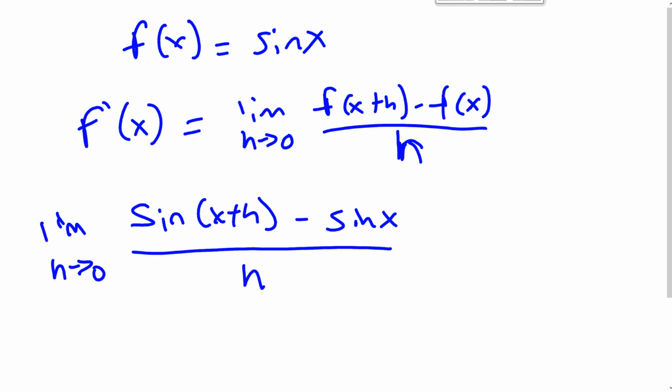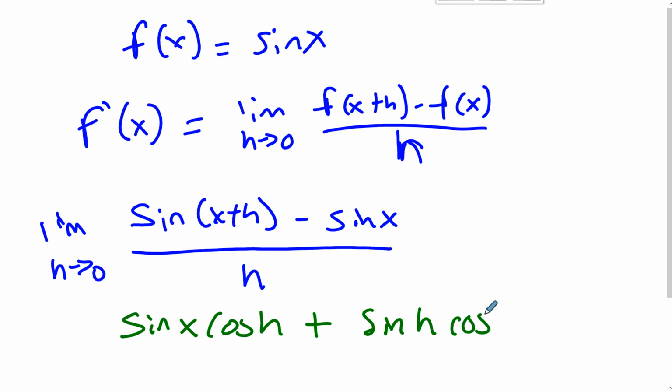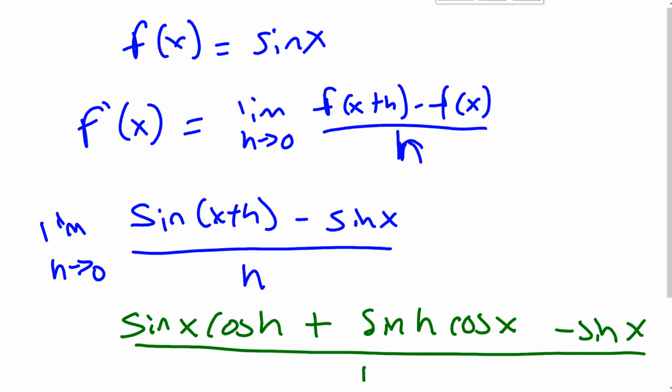If we remember our stories from Sinbad and Cosette, when Sinbad goes on a date, he goes out with Cosette and says their signs are the same, and makes his brother hang out with her sister. So there we go, minus sine x, all over h.